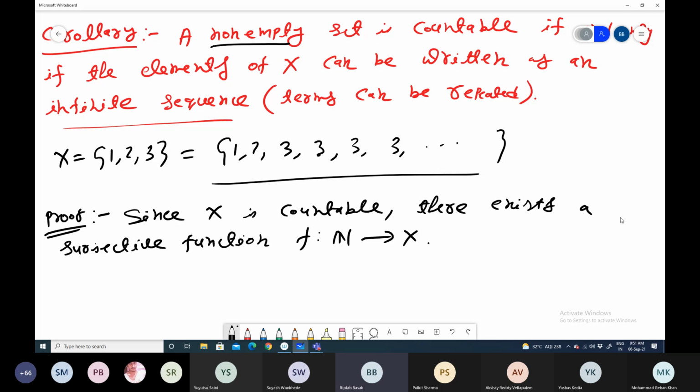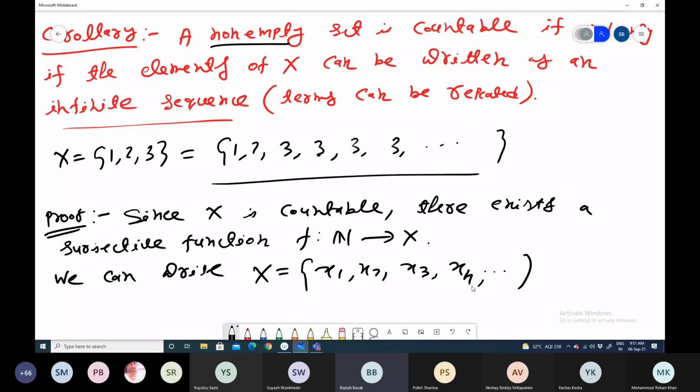It does not matter, X can be finite, X can be infinite, but we always have a surjection from N to X, right? Now we can write X equal to this set: x1, x2, x3, x4.